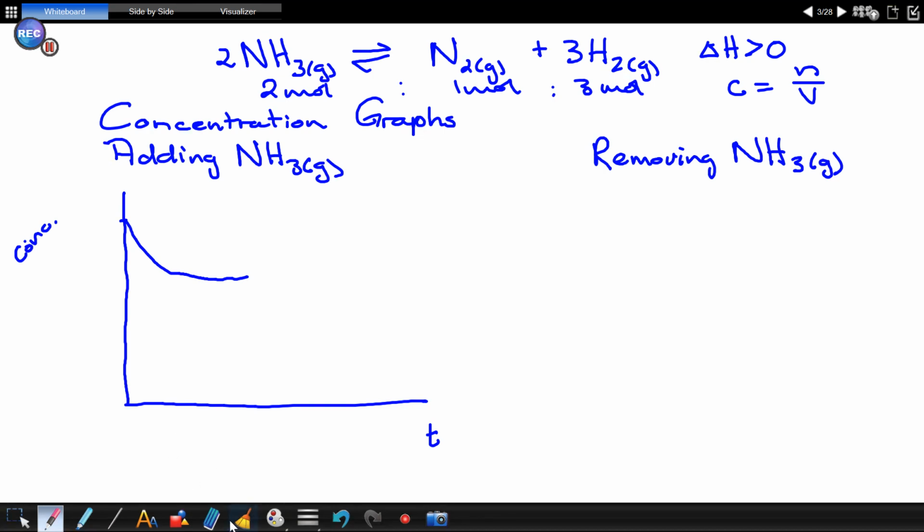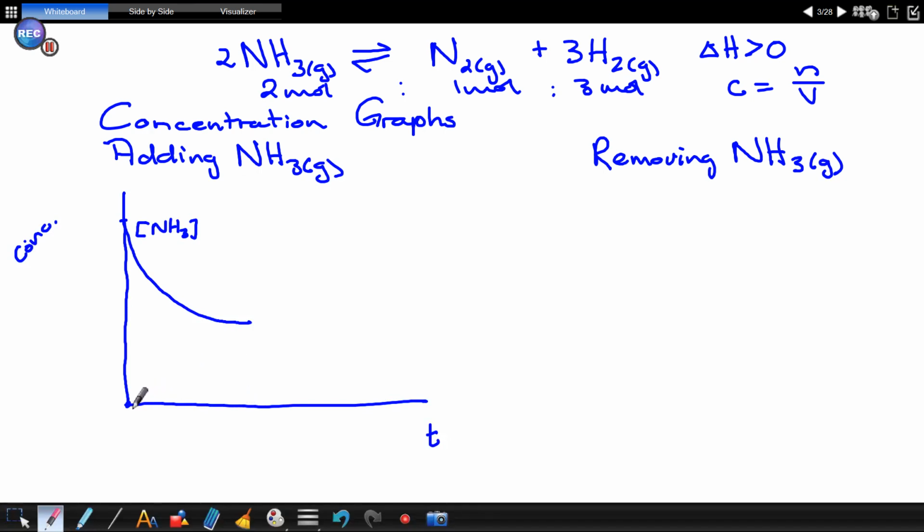Maybe I should drop it a little faster. Then, at the start, there is no nitrogen. So this is the concentration of ammonia. That is how the concentration of ammonia changes over time until it reaches equilibrium.